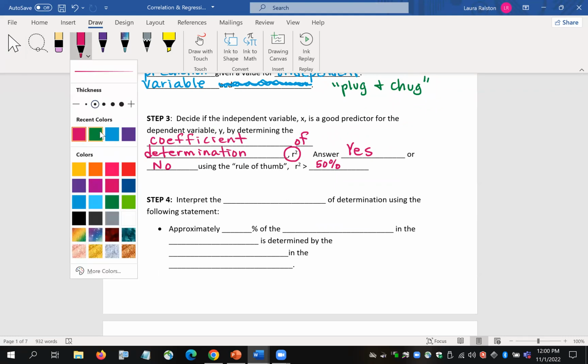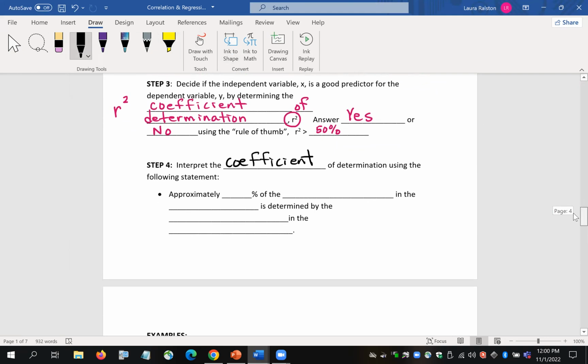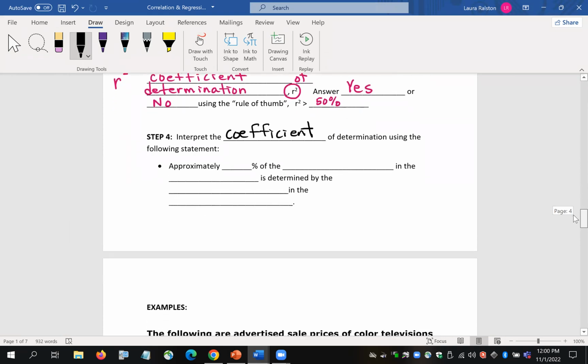And then the last step is to interpret that coefficient. Oops, spelled that wrong. Sorry. Coefficient of determination. And guys, the sentence is the same every time. The piece that changes is the variable.